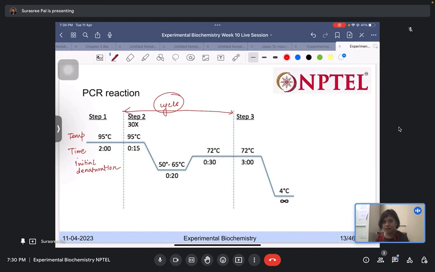And this is carried out in cycles. And this 30x actually means that there will be 30 cycles. We can also do it for 25 cycles or 35 cycles, and so on, right? Now in this cycle there are three steps. This one is the denaturation step.